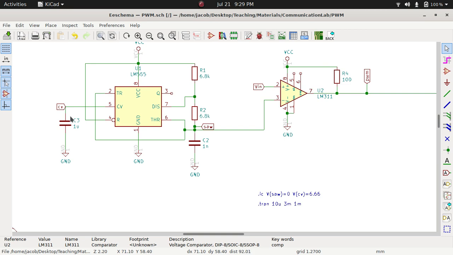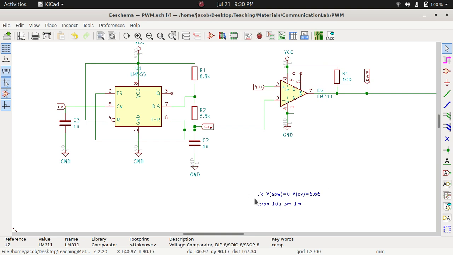Within the 555 there is a voltage divider circuit, and the 2/3 VCC point is supposed to be connected to the CV pin, and therefore I am giving the initial condition at the CV pin to be 6.66 volts. And that's the first directive, the initial condition directive.